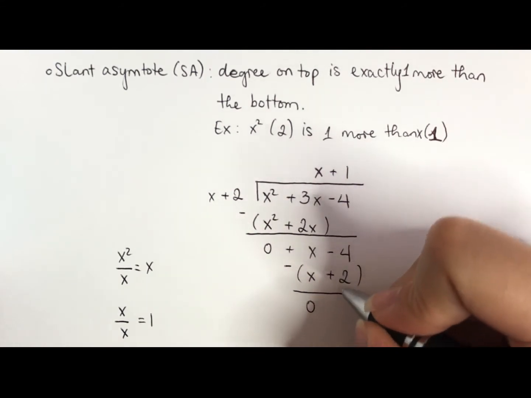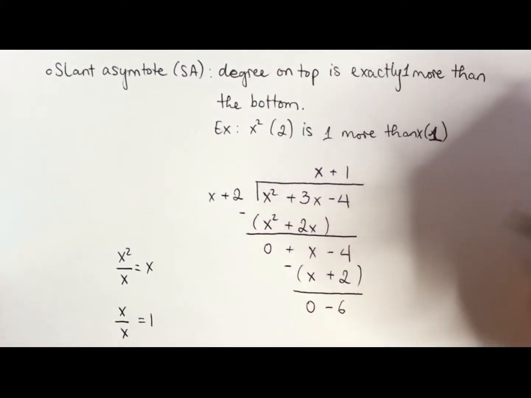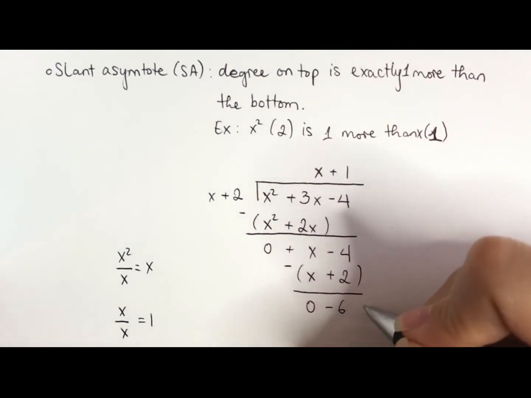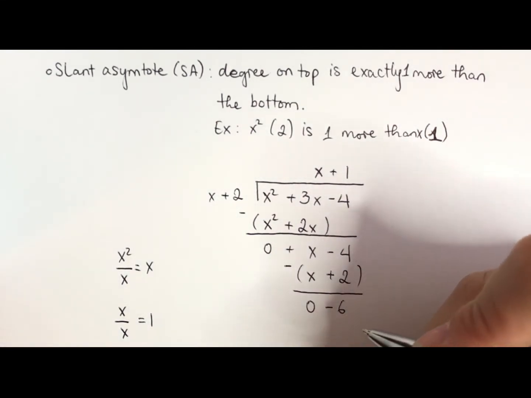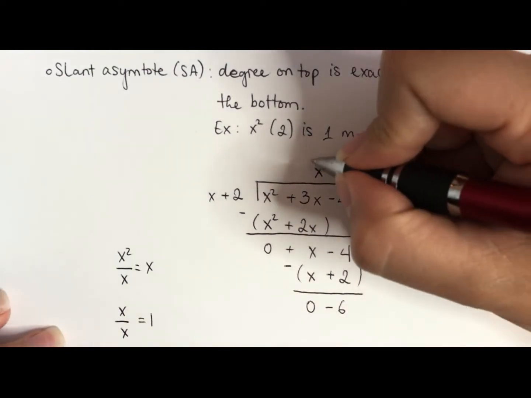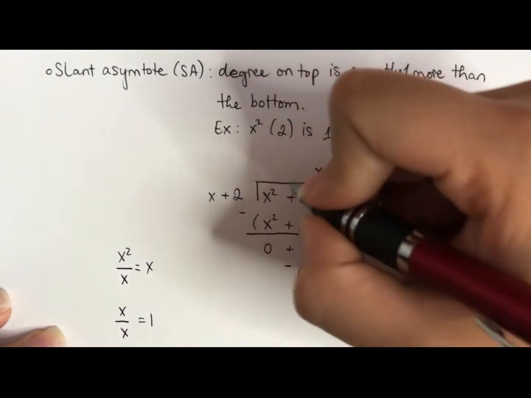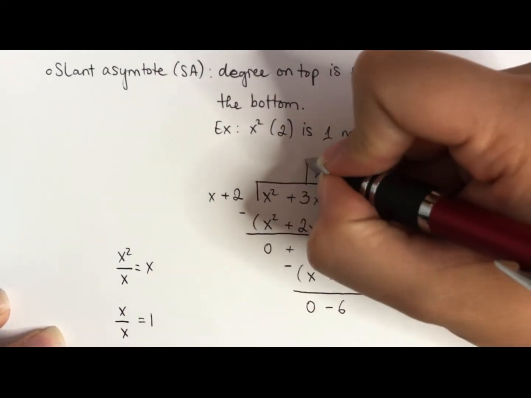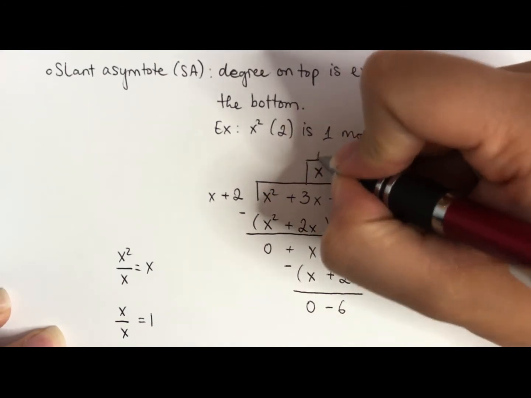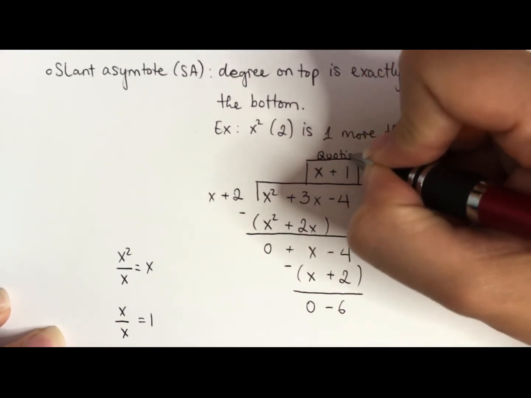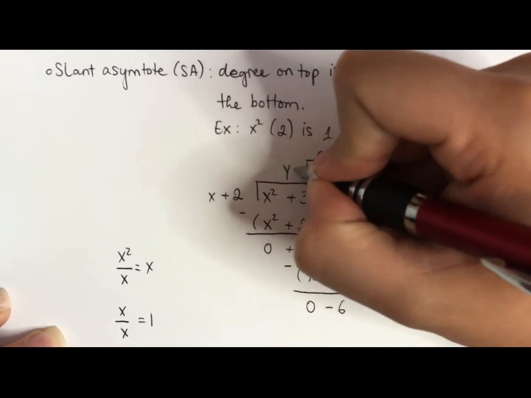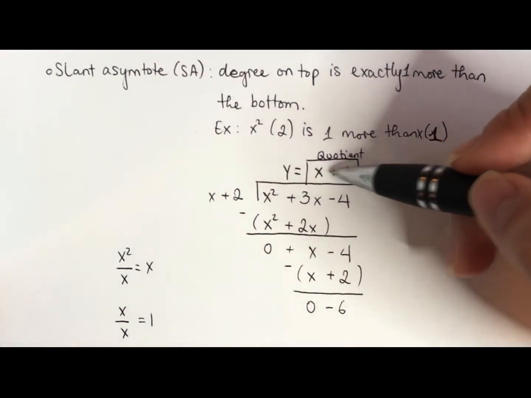Negative 4 minus 2 is negative 6. So this is your remainder, but we don't need that for the slant asymptote. Your slant asymptote is your quotient. So this is your quotient, and your slant asymptote is y equals x plus 1.